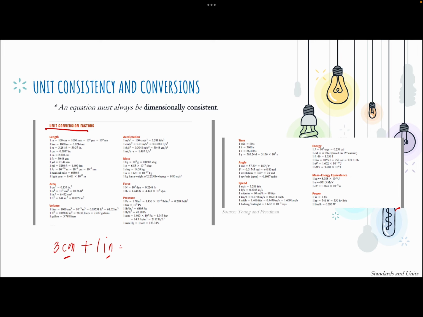Para lang maging parehas yung unit nila. So, 3 centimeters times, titignan mo ngayon yung conversion sa table. Kunwari yan yung alam mo na conversion. Di cm sa baba, tapos inch sa taas. So, 1 cm, kokopyahin mo lang ngayon yung factors dito, unit conversion factors. Then, lalagay mo sa taas, 0.3937.